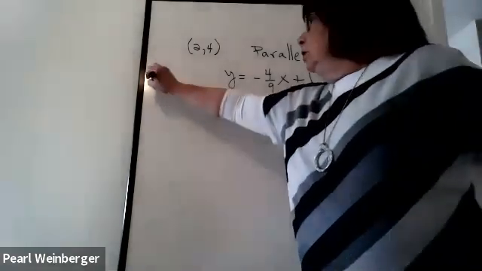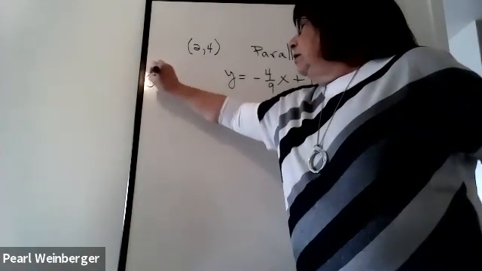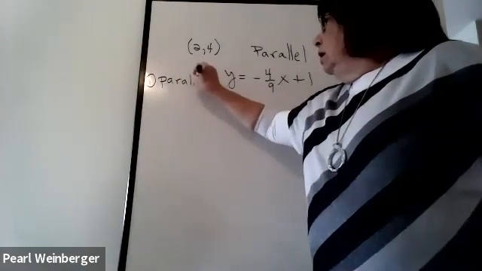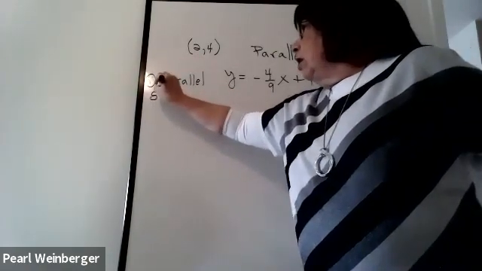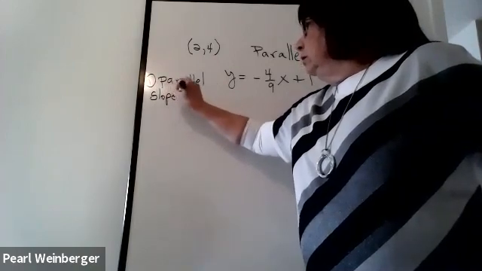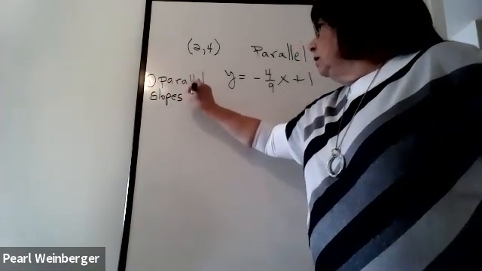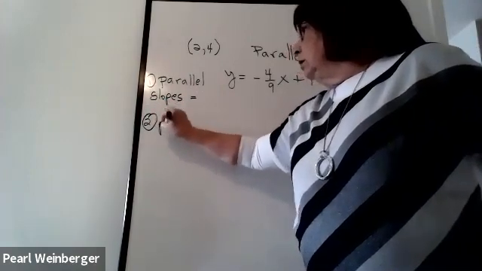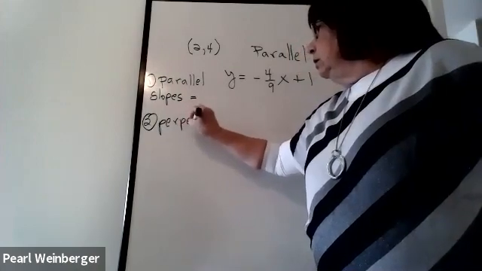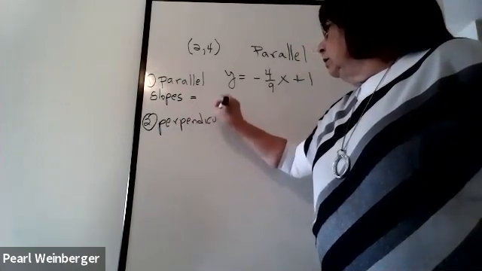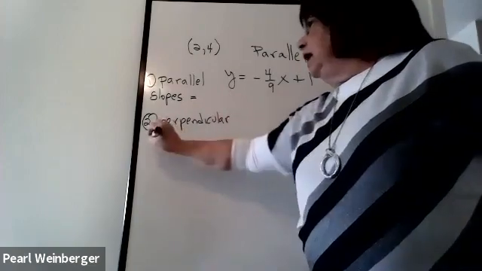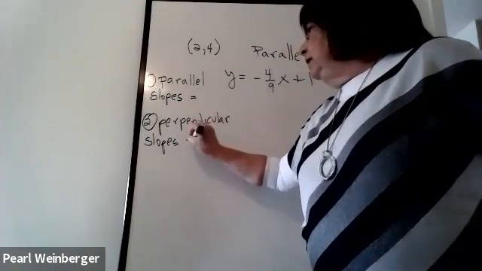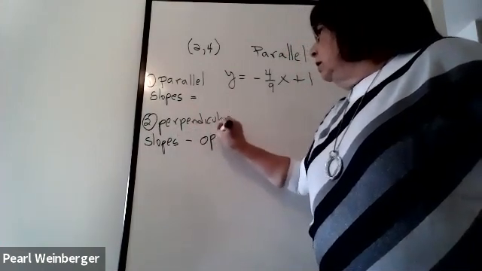Let's just remember, if the lines are parallel, then the slopes are equal. If the lines are perpendicular, the slopes are what we call opposite reciprocal.